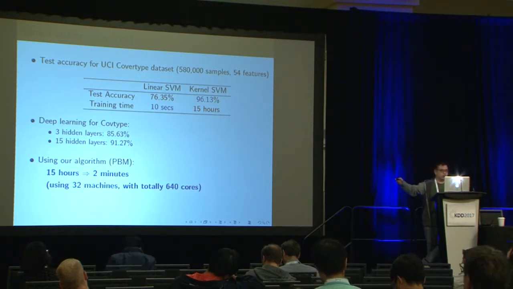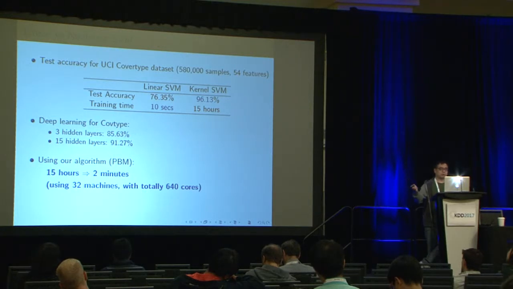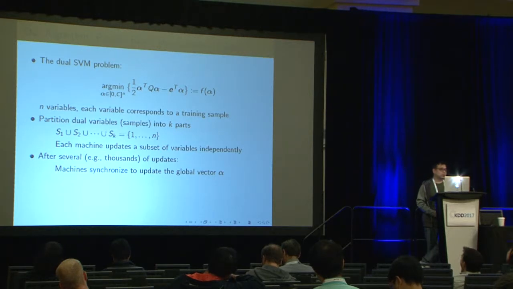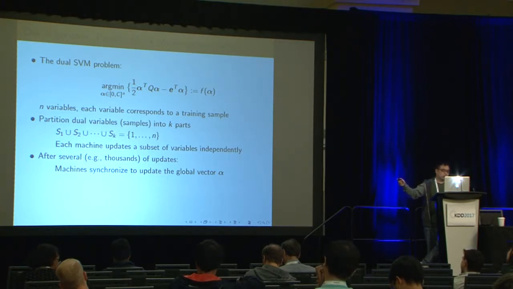Basically, if you can train an algorithm in 2 minutes, then you can very easily select the hyperparameters and get very good performance. So now let's discuss how we do this in the distributed system. Our focus is solving this dual SVM problem. You have a conjunctive minimization problem with boundary constraints. You have n variables, and each variable corresponds to one training data.